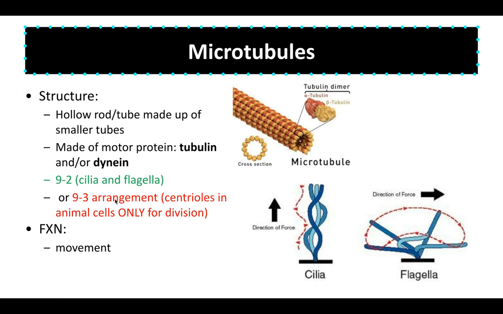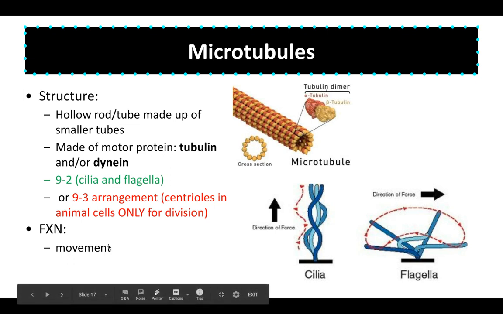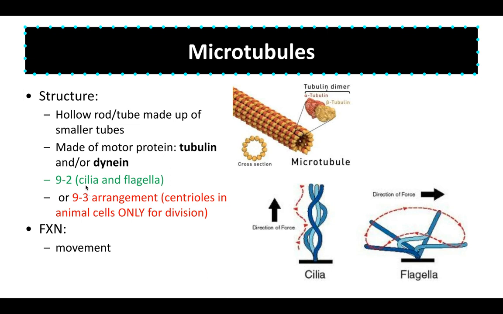Now, we only find this 9+3 arrangement in something called centrioles in animal cells, and they are for the process of cell division. So keep in mind, I'm recapping here, microtubules are there for movement. We find examples in the cellular world of microtubules in cilia, in flagella, and also in these things called centrioles, which we'll see more about when we talk mitosis and meiosis.